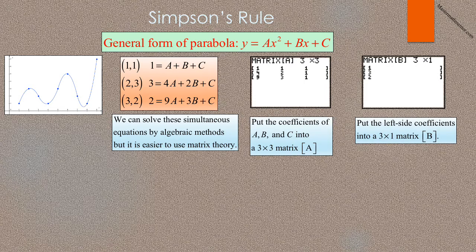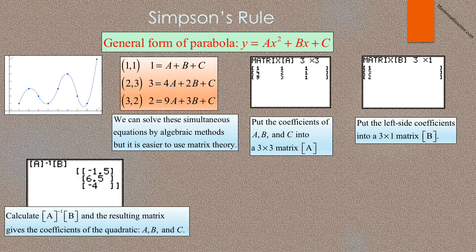We will next put our left side constants into a 3 by 1 matrix, which we will call matrix B. Matrix B consists of the numbers 1, 3, 2. The magic formula to solve the simultaneous equations is A inverse times B.